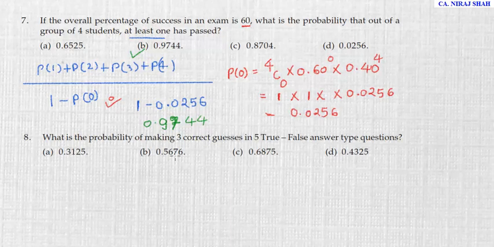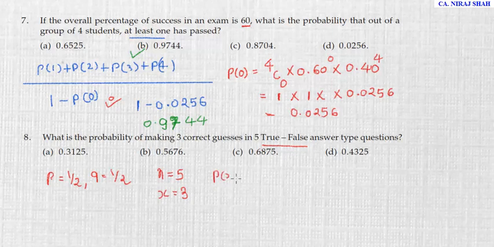What is the probability of making 3 correct guesses in 5 true and false answer type questions? Now true and false. So the probability of the answer being true is 1 by 2 and the probability of the answer being not true is also 1 by 2. Now out of 5 tries we need 3 correct guesses. So our n is going to be 5 here and x is the required number of successes, which is 3.